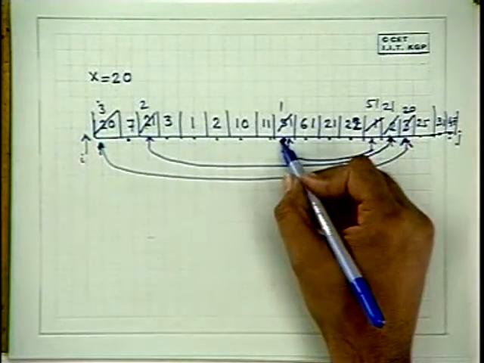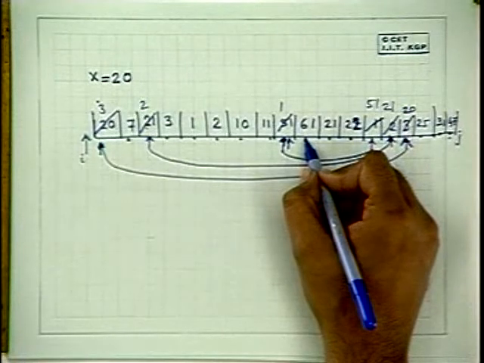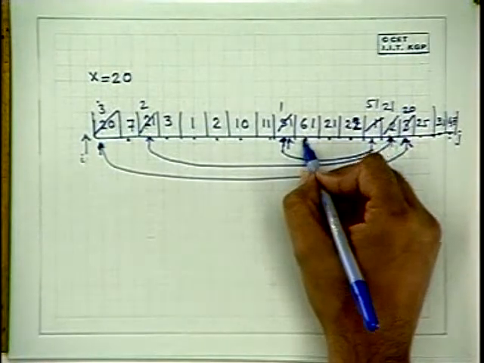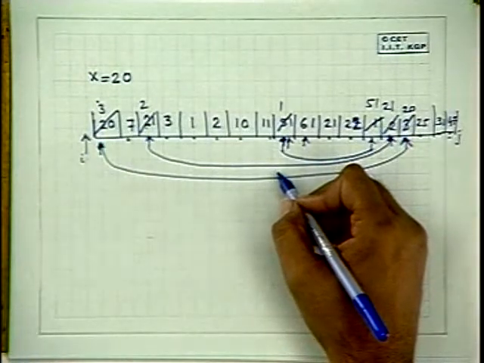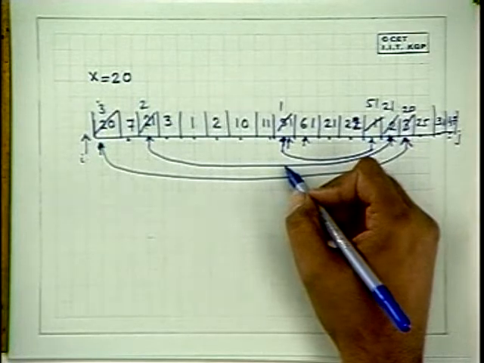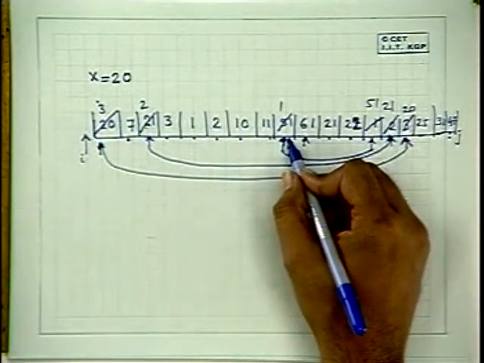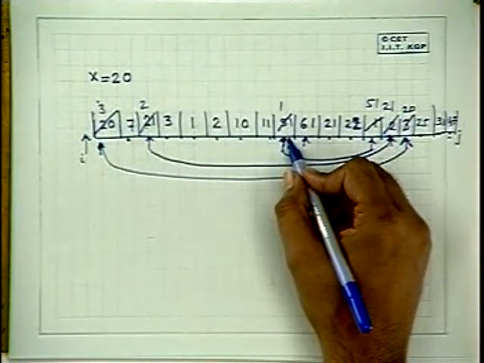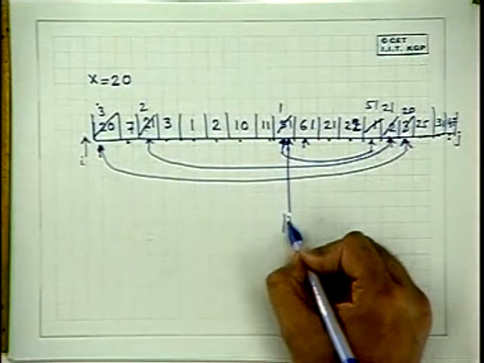And what about I? I will move to 61, and 61 is greater than 20, so it will stop here. And this time I is not less than j. And what did we say? If I is not less than j, you return the partition, the value of j, and exit. So the value of partition will be this j. So this is the partition value now.